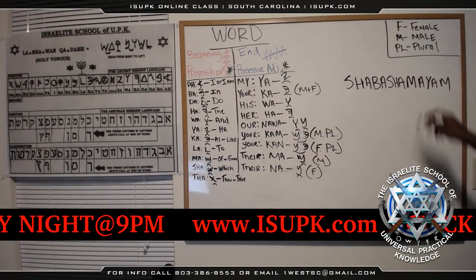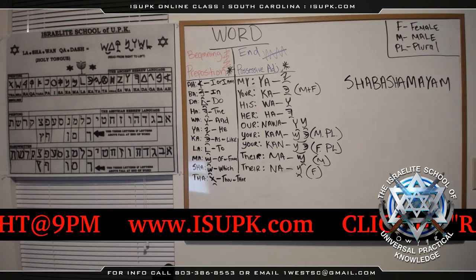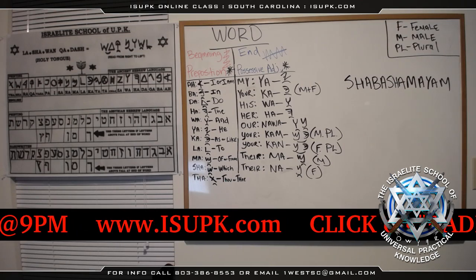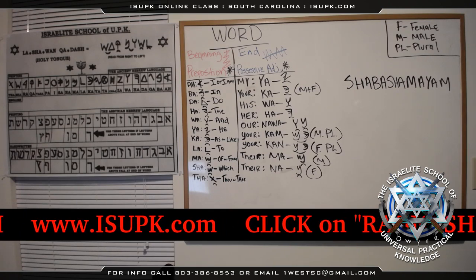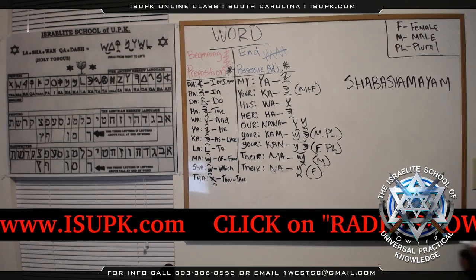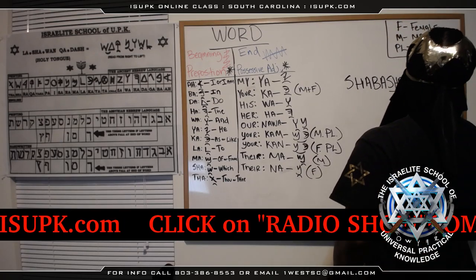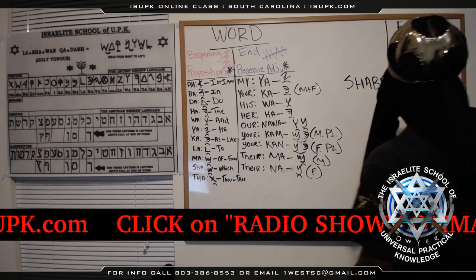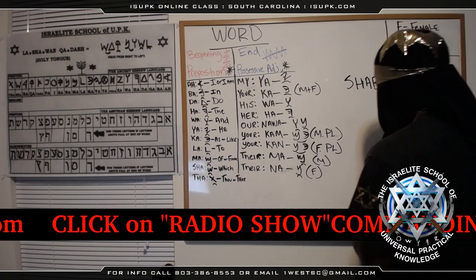The root word in this one is going to be heaven. The word for heaven is what? Shemayim.